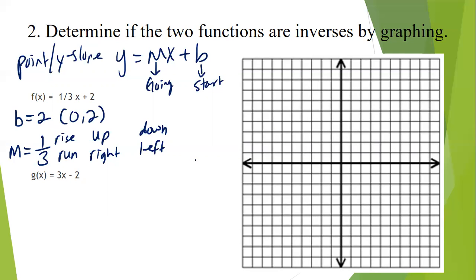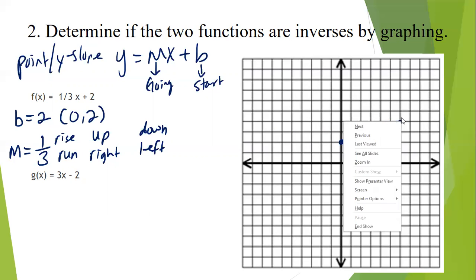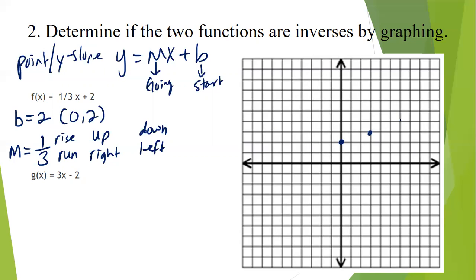Still good. So I start at 0, 2. And I'm going to follow the directions of where I'm going. So I rise 1 and then right 3. Rise 1, 3 to the right.